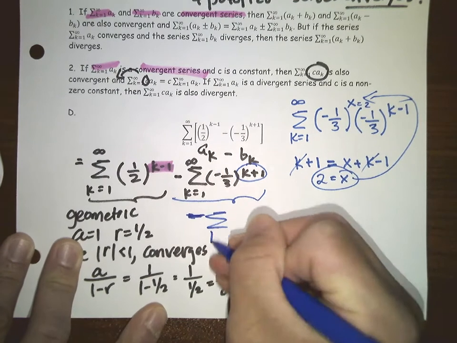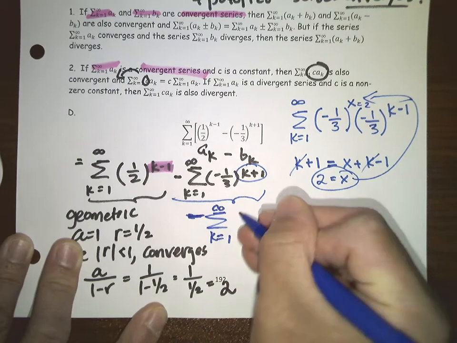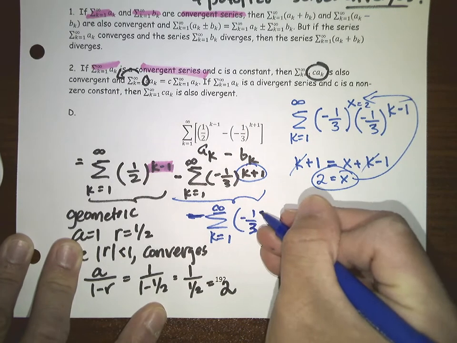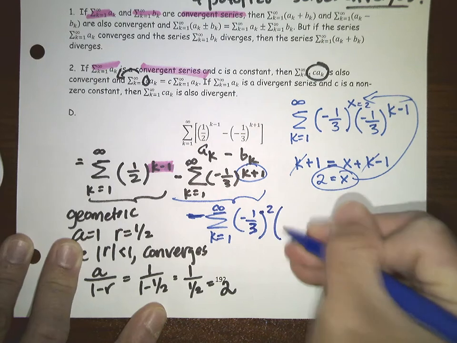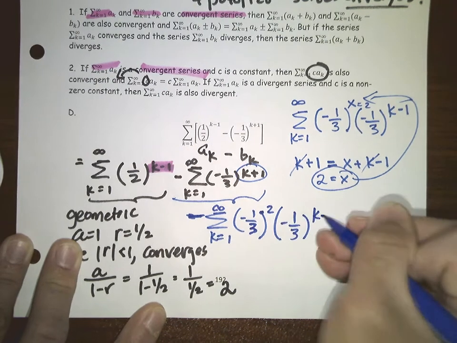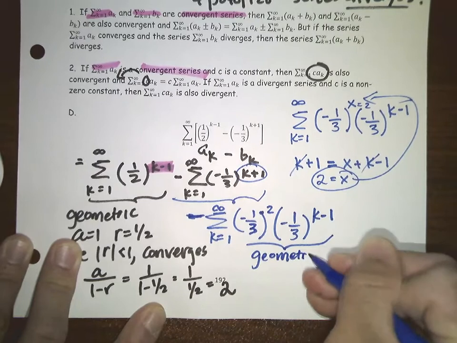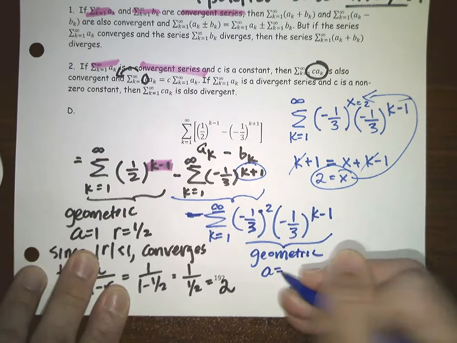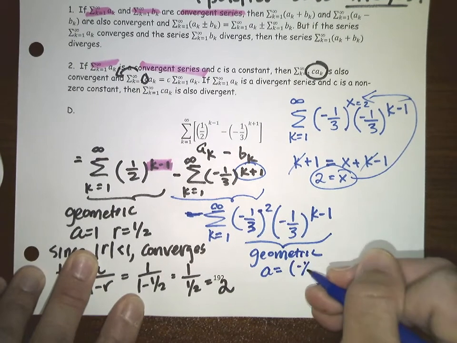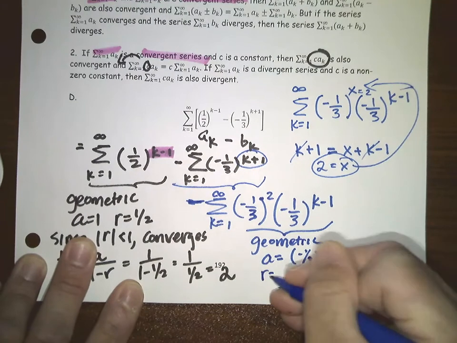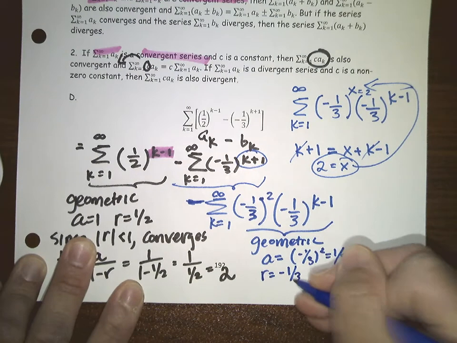So this is minus the sum k equals 1 to infinity of negative a third to the second power times negative a third to the k minus 1. And now this is geometric with a equal to negative 1/3 squared, or 1/9, and r is negative 1/3.